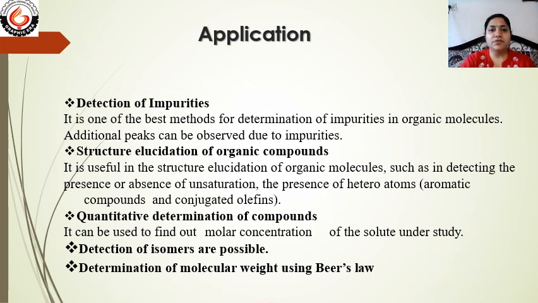Applications of UV spectroscopy. There are lots of applications of UV spectroscopy. The first application is detection of impurities. This application is very useful in pharmaceutical industries because impurities in an active drug are totally unavoidable. With the help of a UV spectrophotometer, we can easily detect the impurities, as the pure compound will give a certain spectrum only.